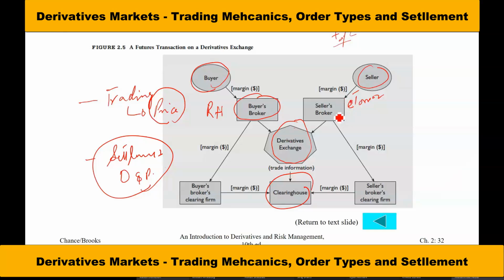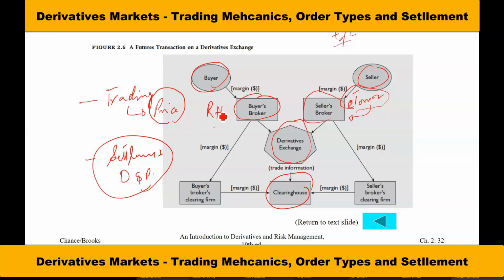So for example, eToro may not have a membership of the New York Stock Exchange. What eToro may be doing is using another broker who has direct access to trading in the New York Stock Exchange. So it may be a commission broker whose platform I use, but this commission broker has an account with the broker that is trading here.